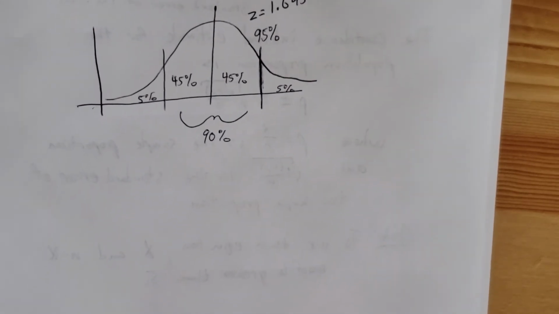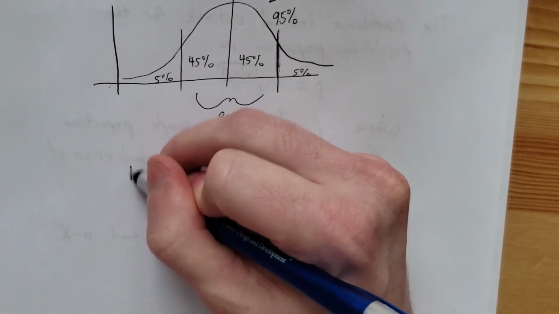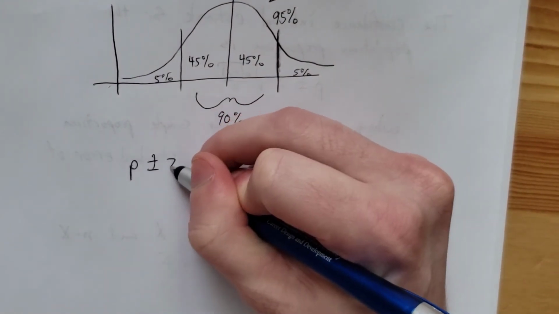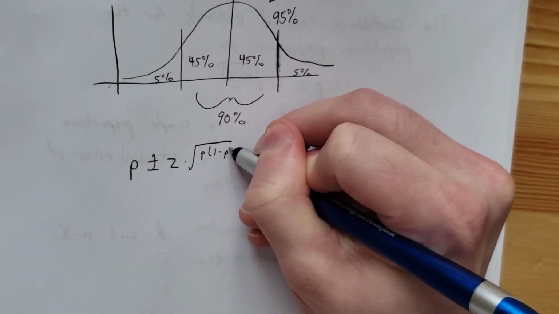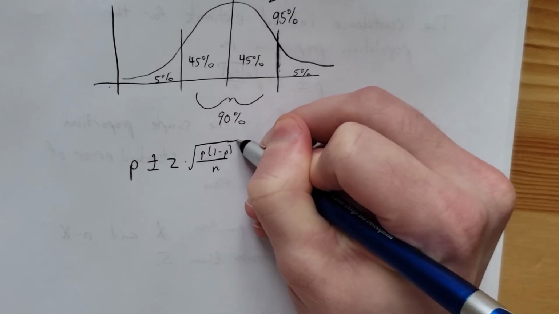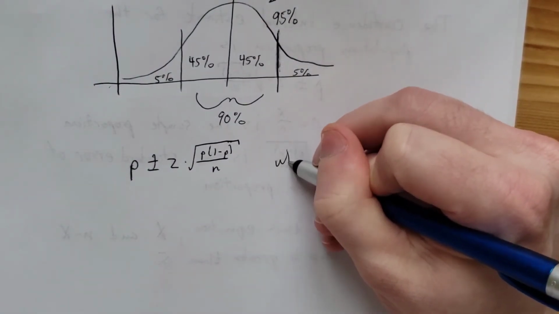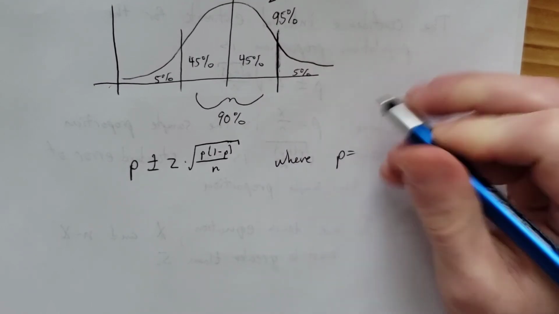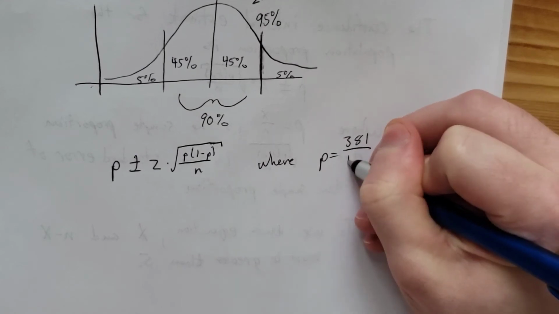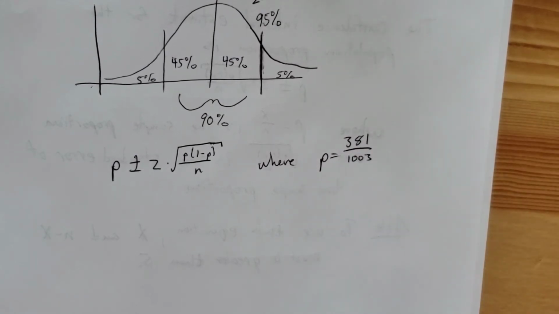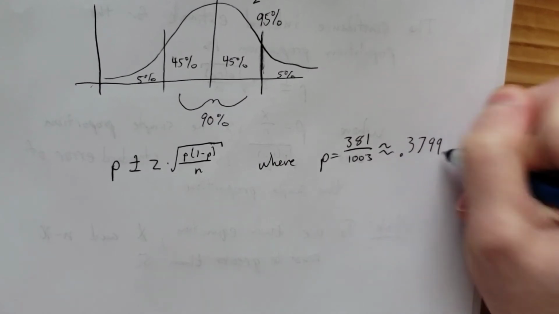So then we just plug it into our formula. Remember, our formula was p plus or minus z times the square root of p times 1 minus p all over n. Well, p is equal to 381 over 1,003, which is approximately 0.3799.